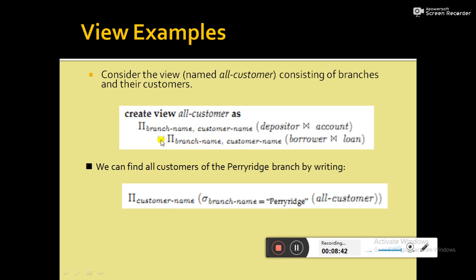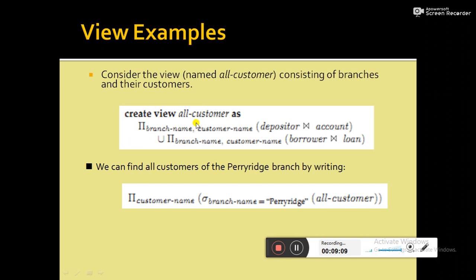If you do the union operation, we'll be able to get all the customers and their corresponding branch names irrespective of whether they have a loan or an account. So this whole set of definition defines all customers. That means the view all customer is defined as this relational algebra expression. So that is how we can create a view.